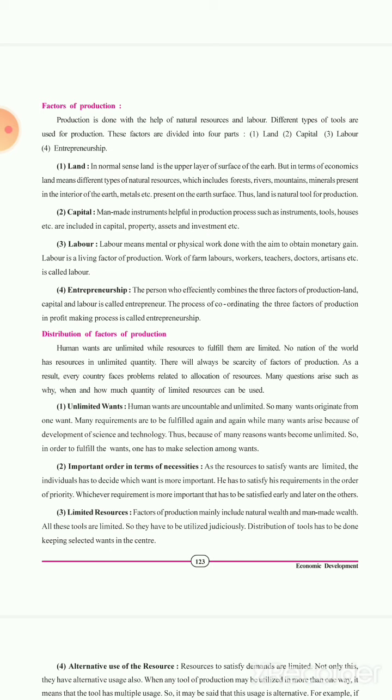Unlimited wants. Human wants are uncountable and unlimited. If one demand is satisfied, then another crops up immediately. For example, if you buy a color television and bring it home, now to experience different channels, you need a cable connection.